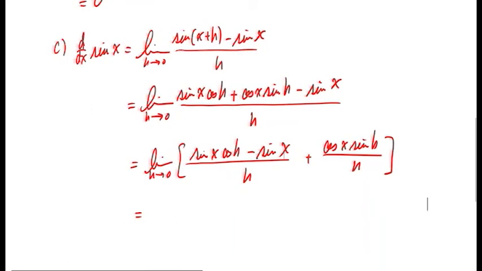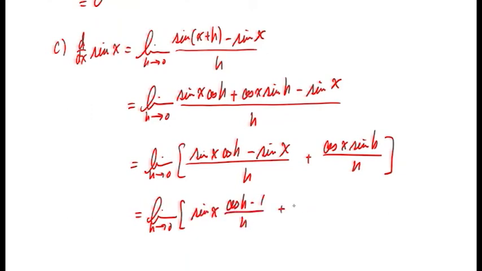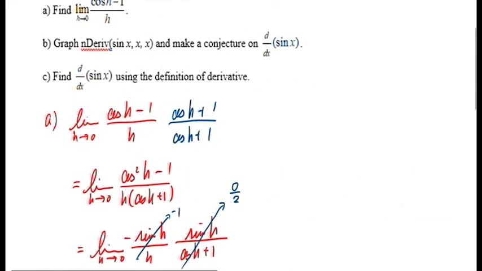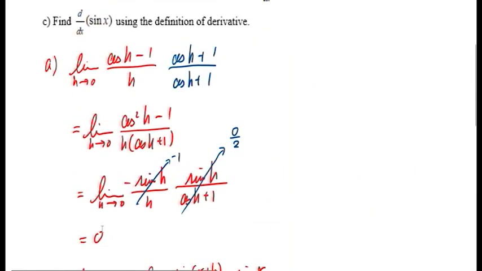Now I see a common factor. So I'm gonna factor that. Sine of x, and then we have cosine of h minus 1 over h plus, and then cosine, I'm going to write it like this, and then sine h over h. As soon as I write that, now you almost recognize this thing. Why does it look so familiar? That is the sauce that's been marinating from the beginning, right?